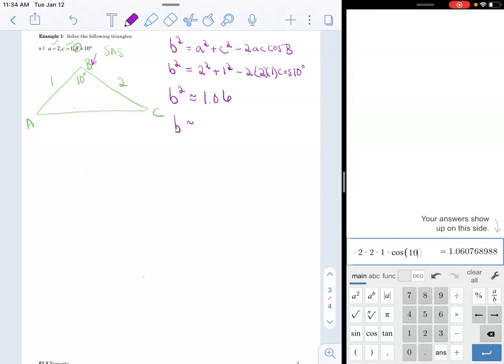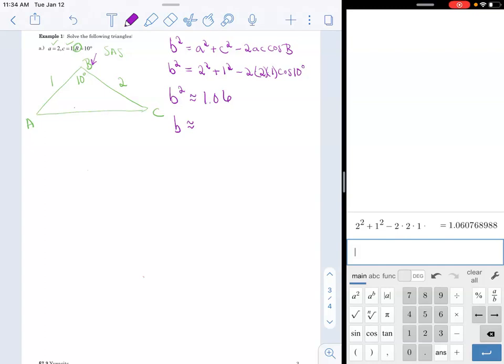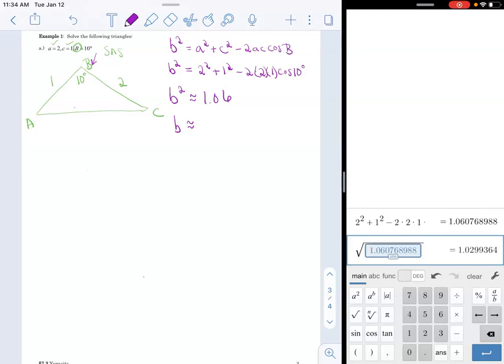Although I want B by itself, so I'm going to take the square root. I'm always going to use the full values in my calculations, but on my paper I just round so I don't have to write everything out. So I take the square root of my answer and get about 1.03.